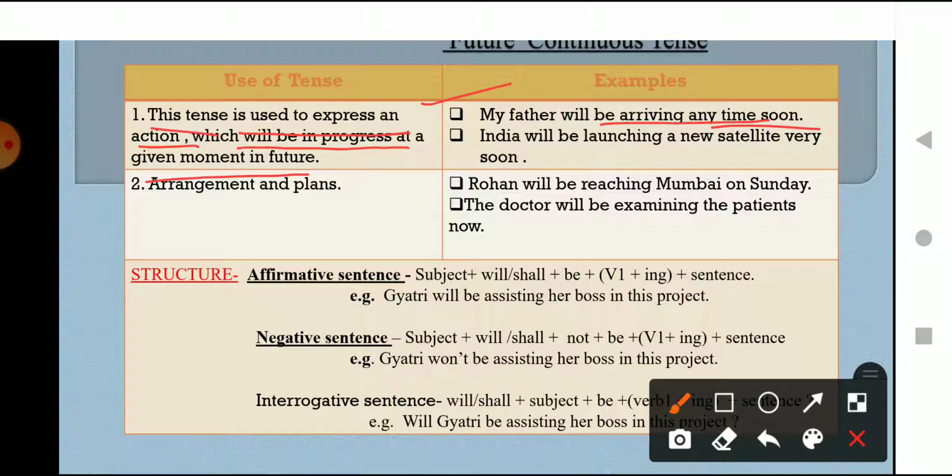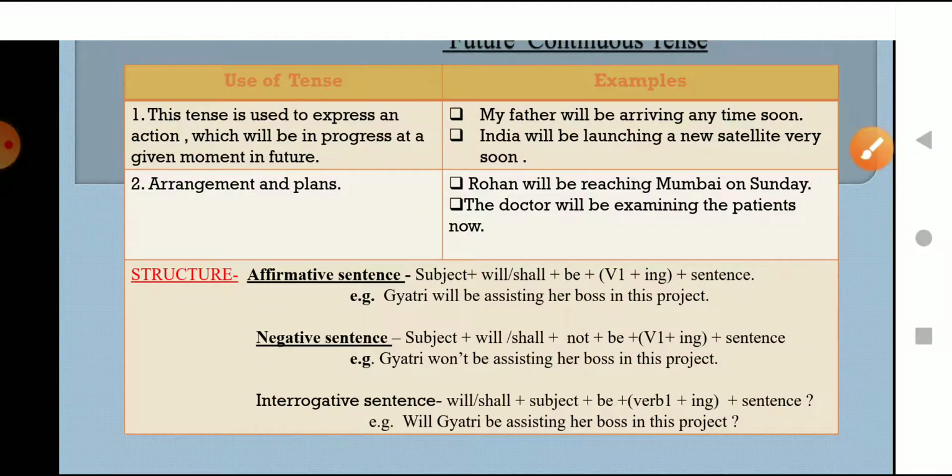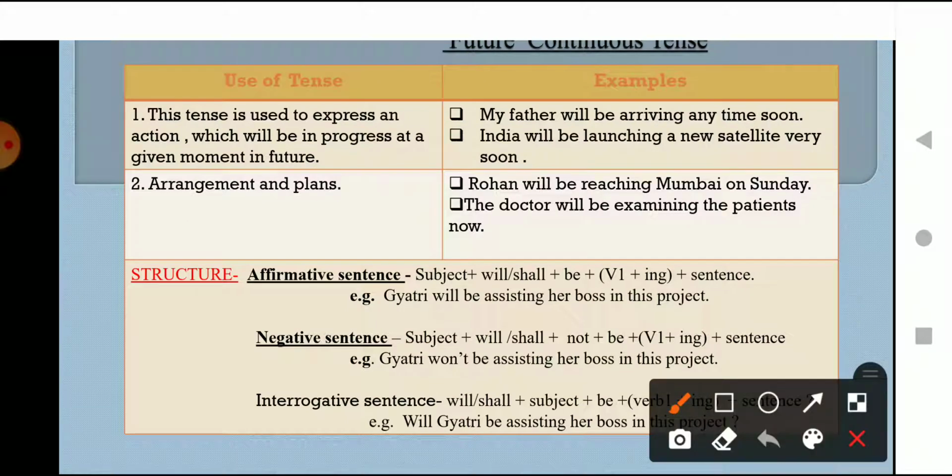The tense is used to express an action which will be in progress at a given moment in future, here the action of father's arriving.